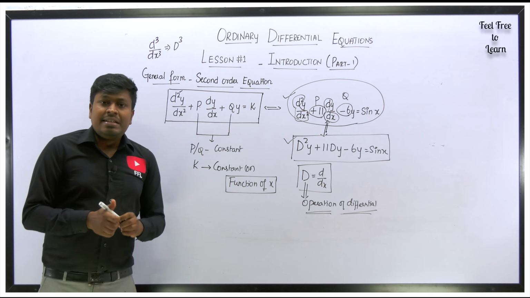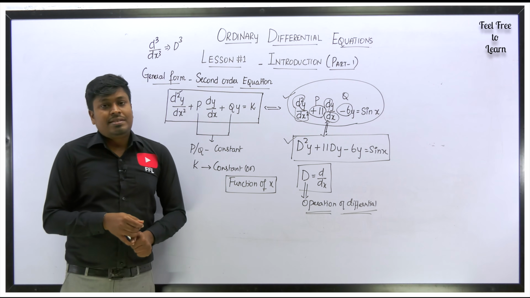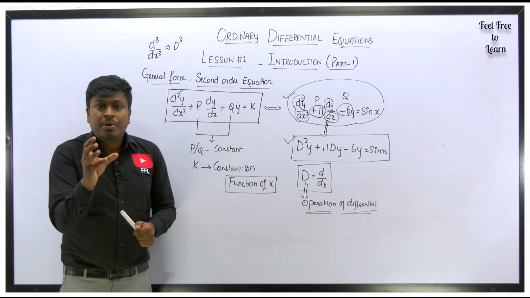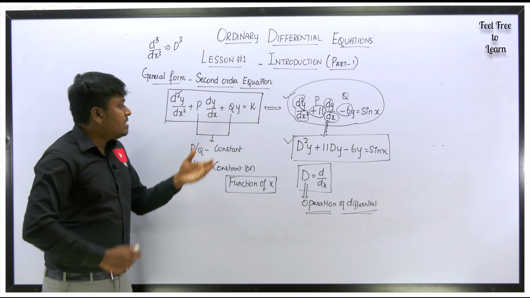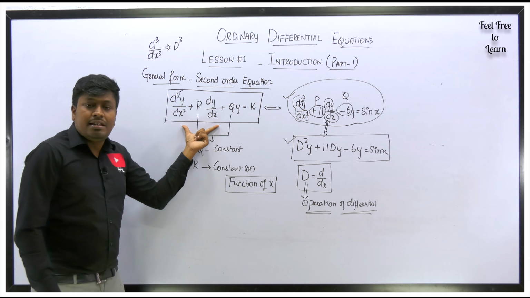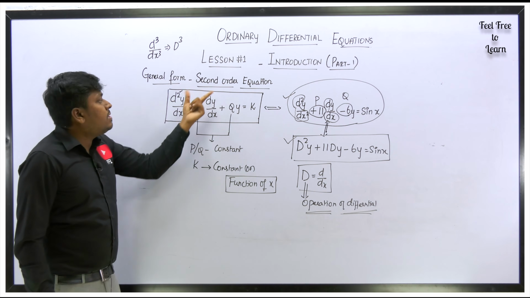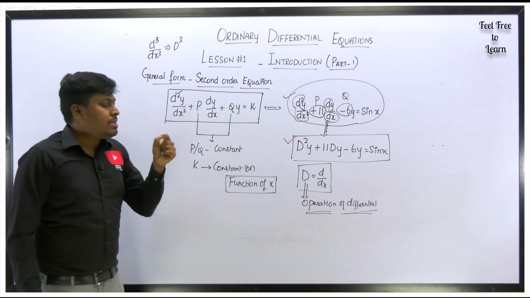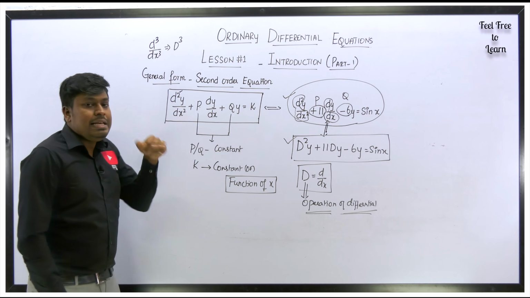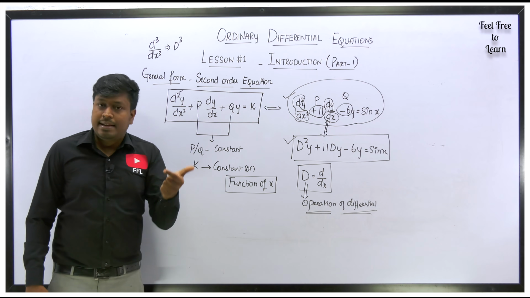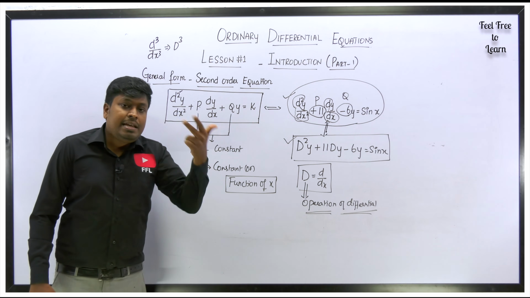So what we learned here is, first, the general format of a differential equation. This will be the general format of a linear differential equation. Got it? In this equation, why is it called second order? Because if the equation starts with d square, then it is called second order. In case it is d cube, third order.